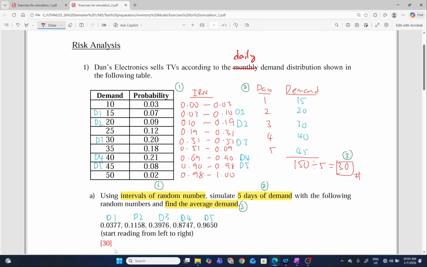So that's how you simulate, by using intervals of random numbers.